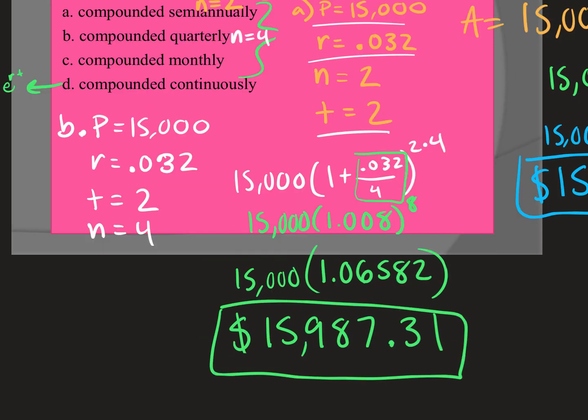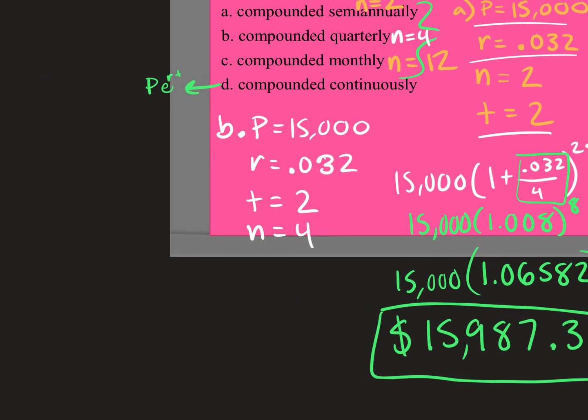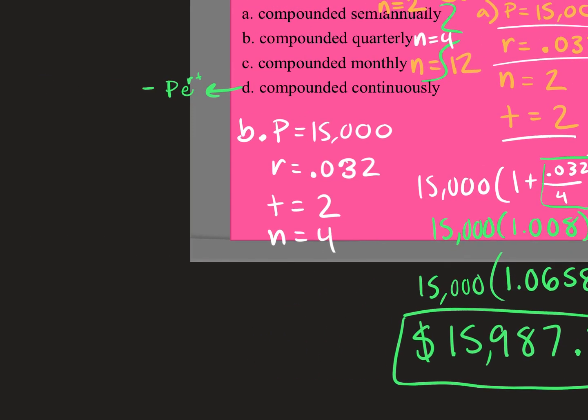C is the same thing. Compounded monthly happens how many times a year? 12. So n would be 12. So we could do the same thing, just plug in 12 for n. But let's do the compounded continuously one. So our PERT formula.